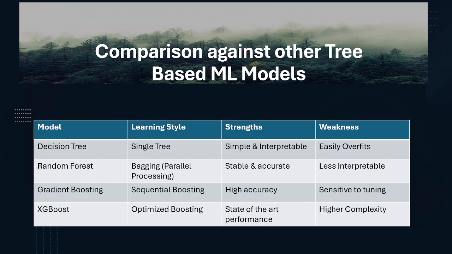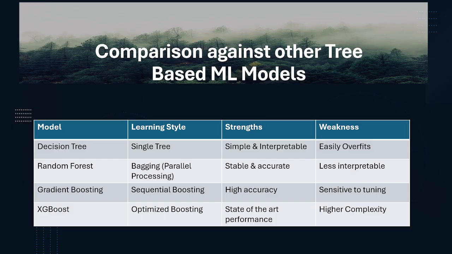Decision trees provide interpretability but often overfit to data. Random forest improves stability by averaging many independent trees. Gradient boosting takes a different approach by building trees sequentially, where each tree corrects prior errors.